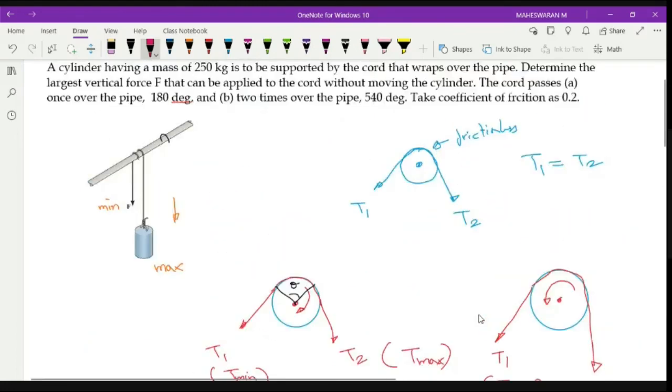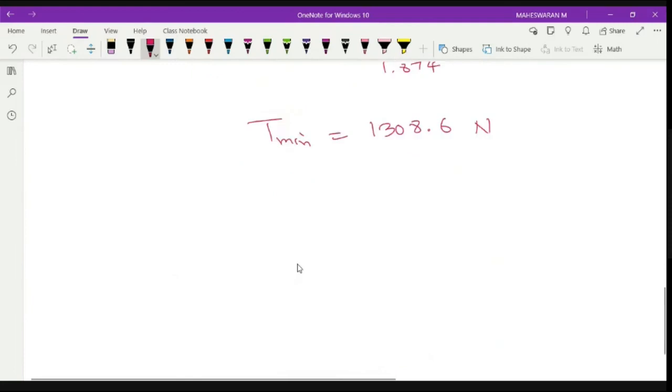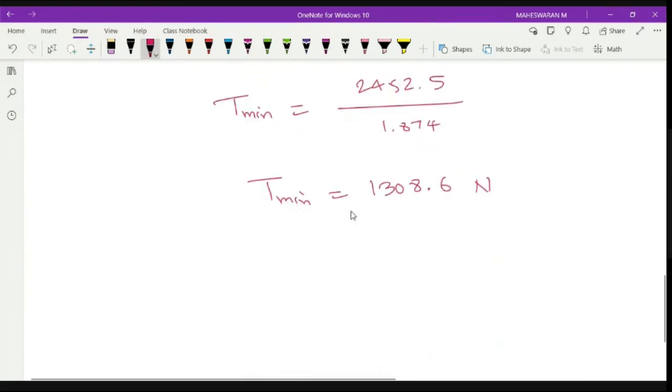T min is on the other side, which is minimum, which is F. So the force required to hold this object is F, equal to 1308.6 Newton.